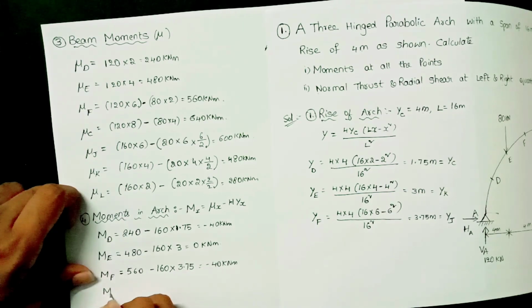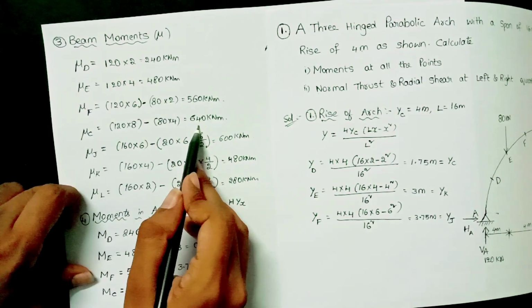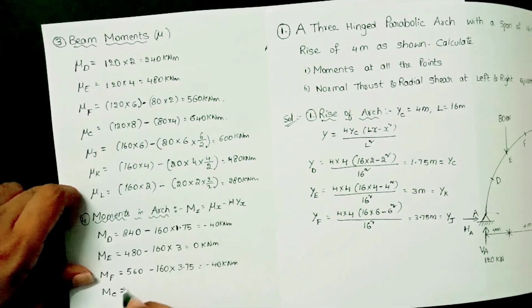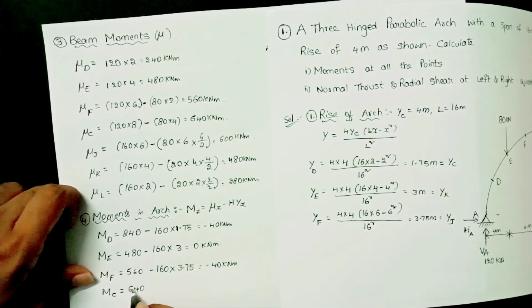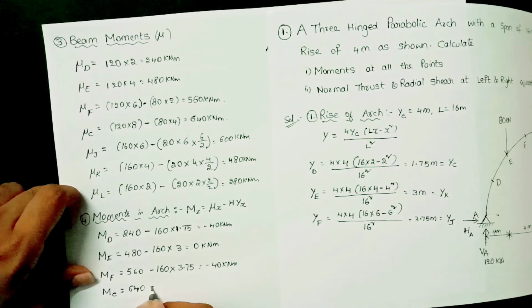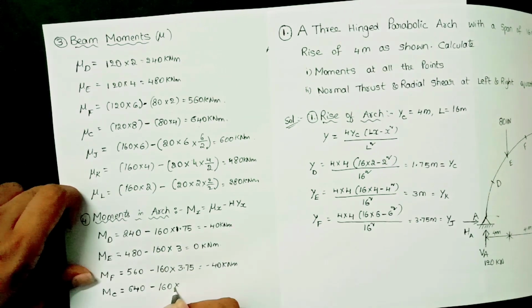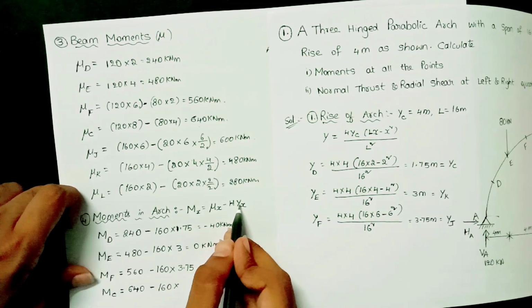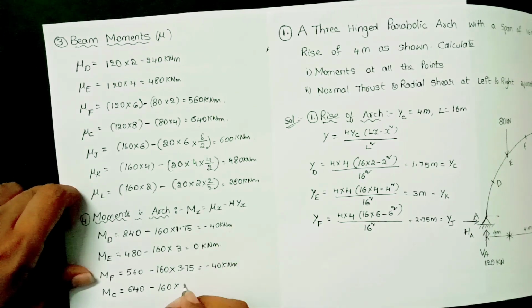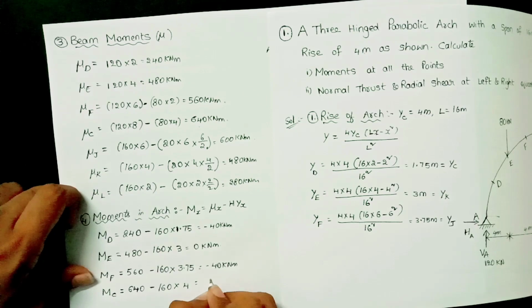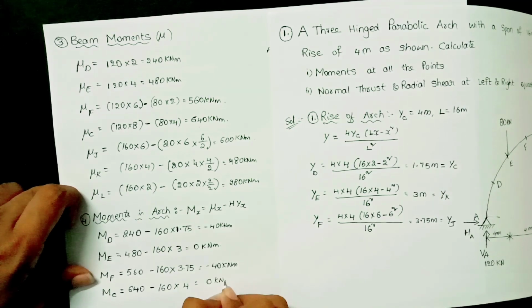Now after F I should calculate at C. At C mu C is 640 kilonewton meter. So this formula: 640 at C minus H value is 160 kilonewton into the central rise. YC is the central rise which is given in the question, 4 meters. So the value is 0 kilonewton meter.